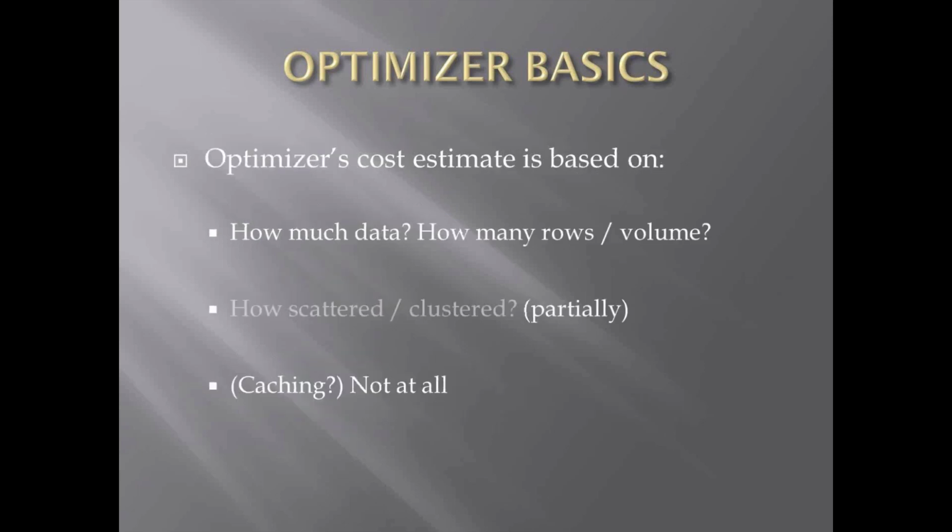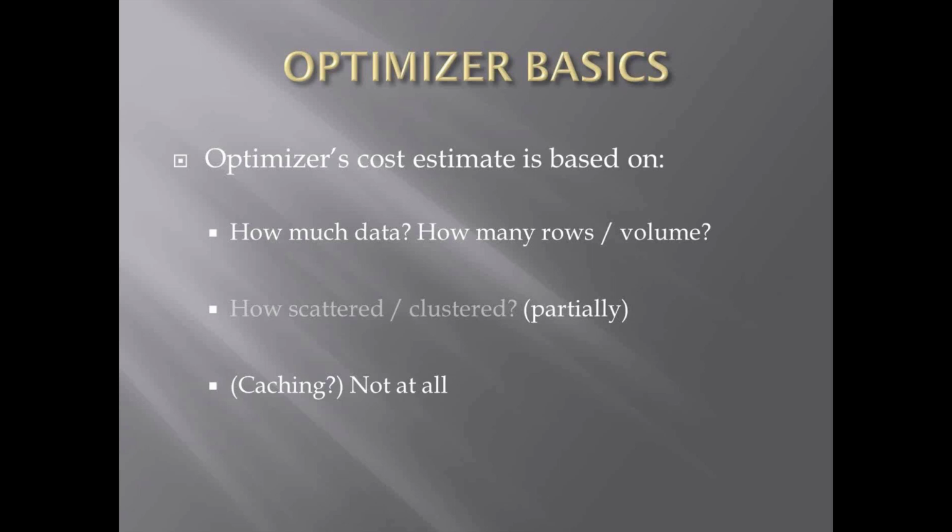You won't be surprised that the optimizer is basically trying to answer the same questions, but what I've tried to point out in the first seminar was that the optimizer is not addressing all questions to the same extent. It tries very hard to give good answers about the data volume and how many rows question, but it only addresses partially the question about how scattered or clustered your data is, and it doesn't incorporate caching at all in the current releases.